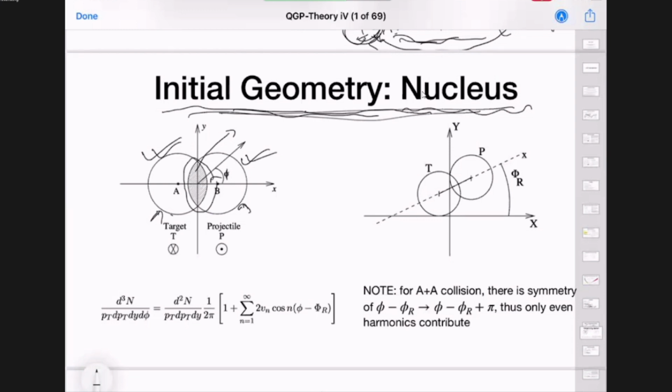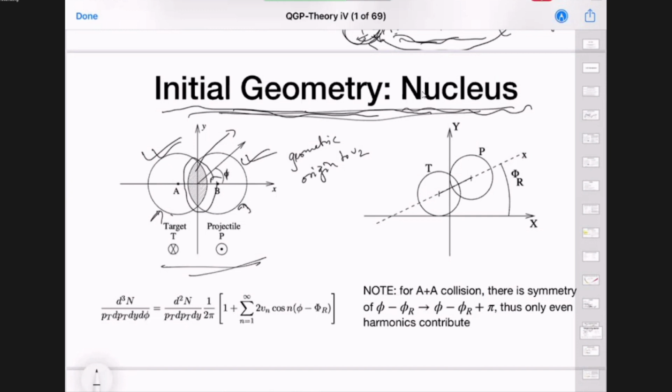So this is what is known as a geometric origin to the flow, particularly to the second Fourier harmonic coefficient, which is the v2. So this is a geometric origin to v2, right? Of course, this is a special case.